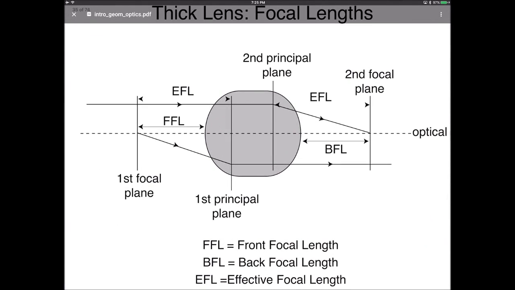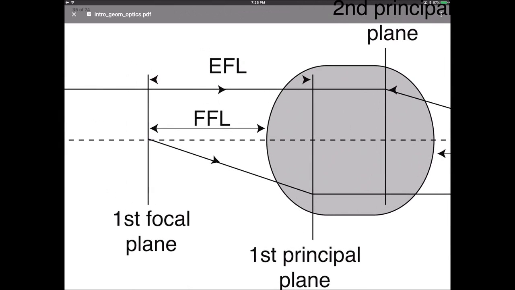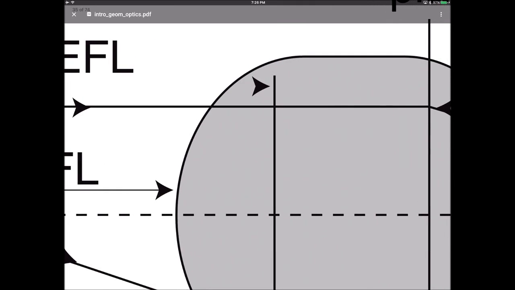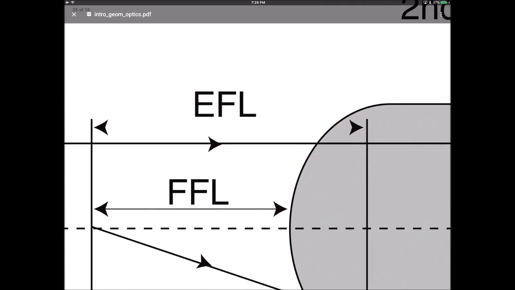If you have a thick lens, it's not very easy to define what the focal length of the lens is. You essentially have a front focal length that's shown here, which is the distance from the first focal plane to the interface of the lens and the surrounding medium. But then the ray has to travel more distance before it comes to the first principal plane. So if we add these two distances, we get the effective focal length of the lens.